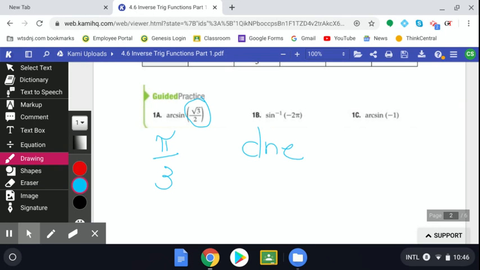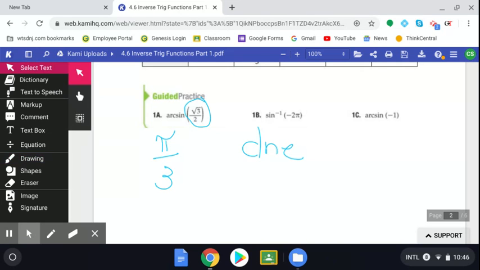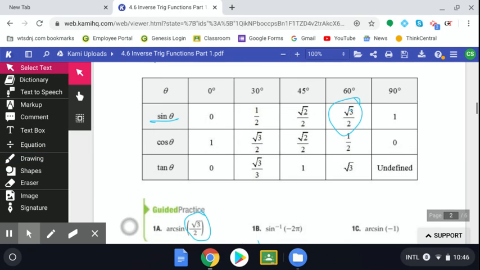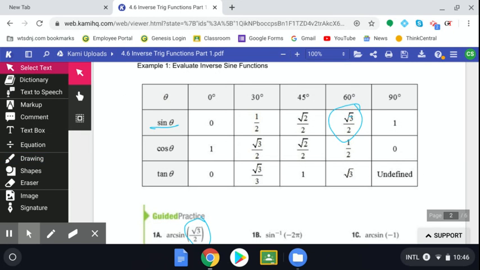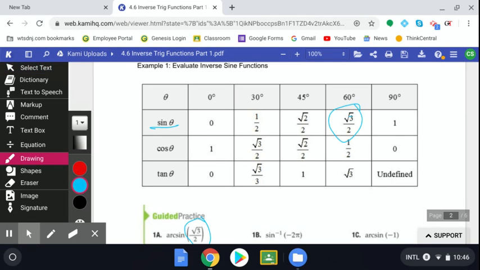Now the third one is, which angle has a sine value of negative 1? So I know that a sine value of 1 is 90 degrees, which is pi over 2. However, I want it to be negative, and I know that the interval has to be between negative pi over 2 and pi over 2.